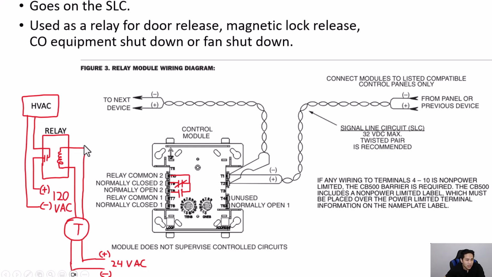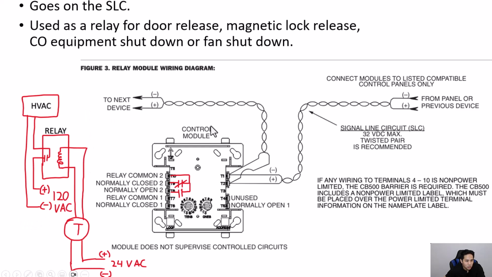The way you would do that is basically purchase a separate relay that can handle the higher voltage, and you would run the low voltage through this. Through this control module, it would control that relay that would be field installed by the contractor to basically control the higher voltage equipment, such as in this diagram right here.